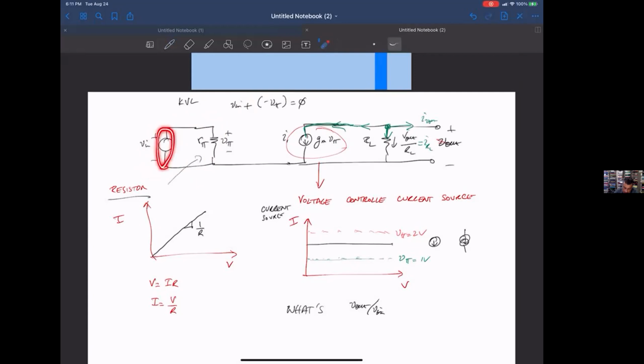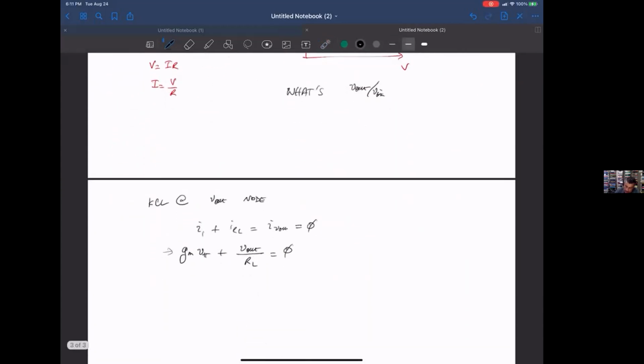So starting from here, I got Vn, I'm subtracting this v sub pi or adding the negative value v sub pi. I'm coming back to Vn, that's got to be equal to 0, meaning that Vn is equal to v sub pi. Okay, so I'm going to write that down here. So Vn is equal to v sub pi.